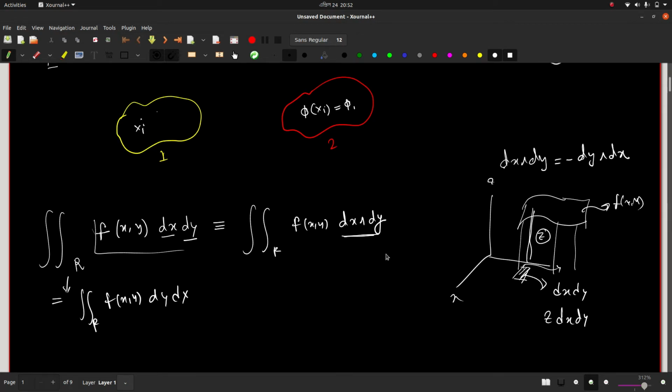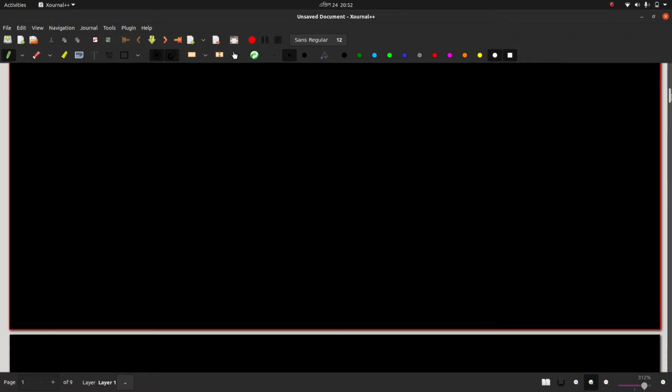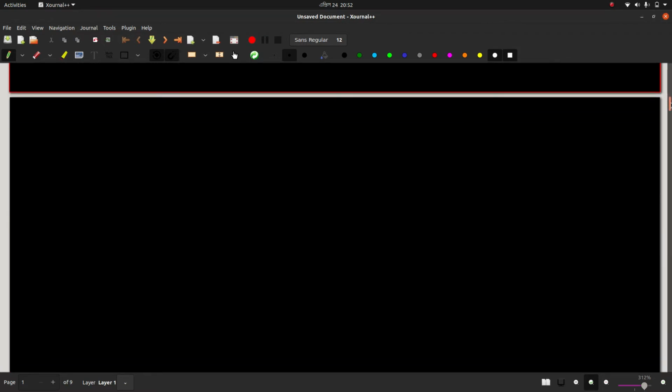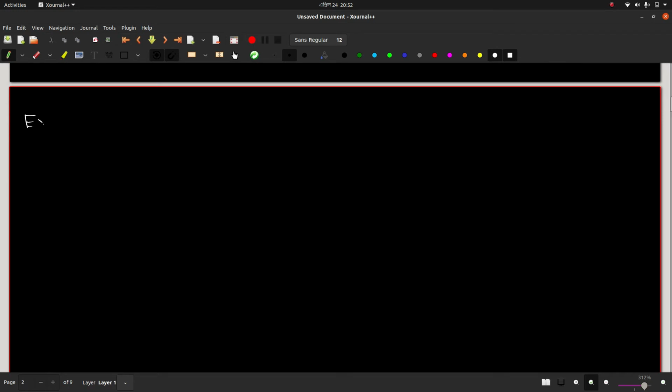So now let's try to see how we can actually use this formula to our advantage. And let's start with a very simple example. So this is our example 1.